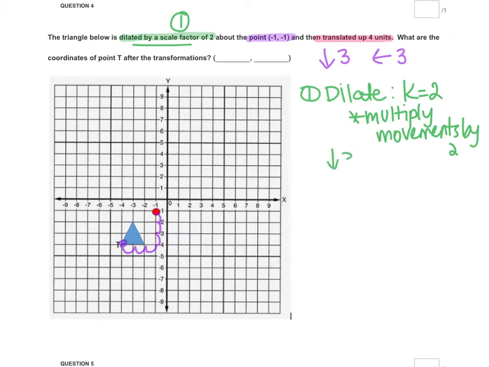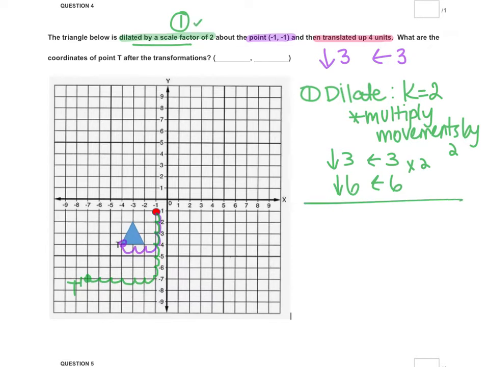So down 3, left 3 will become down 6, left 6. If we start from our center, we're going to go down 1, 2, 3, 4, 5, 6, and then left 1, 2, 3, 4, 5, 6. This is going to be the location of T prime. So that part is done.